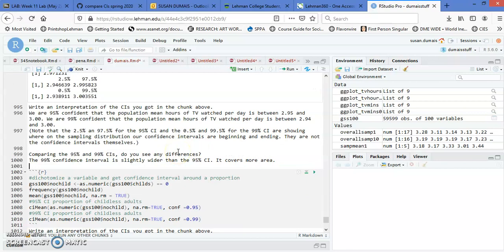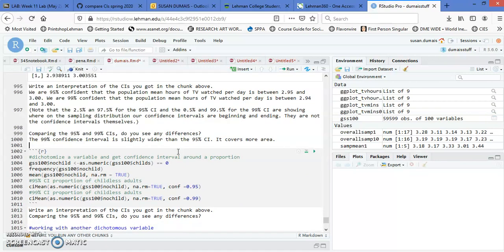Now we are going to work with a proportion. To begin, you have to get your variable into dichotomous form, meaning it has zeros and ones as its values, or as it's sometimes shown in RStudio, falses for zeros and trues for ones.